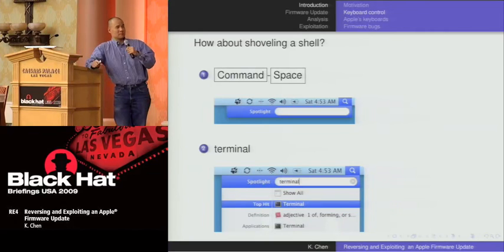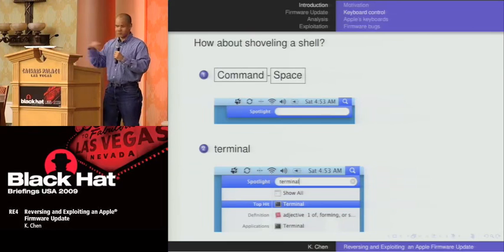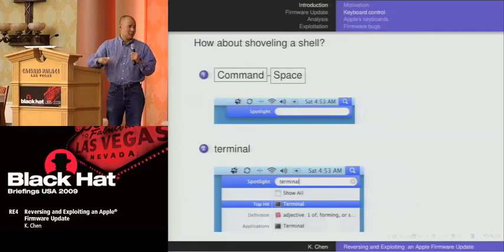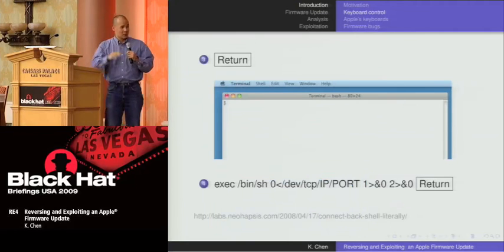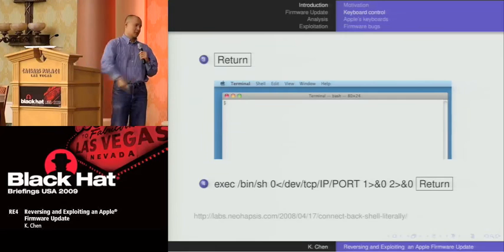Then you type terminal. Terminal.app is Mac OS X's shell. Then Spotlight finds terminal.app, and if we press return, terminal.app launches. The focus is automatically in terminal.app, and then we can type this sequence of characters: exec, bind, shell, all that.